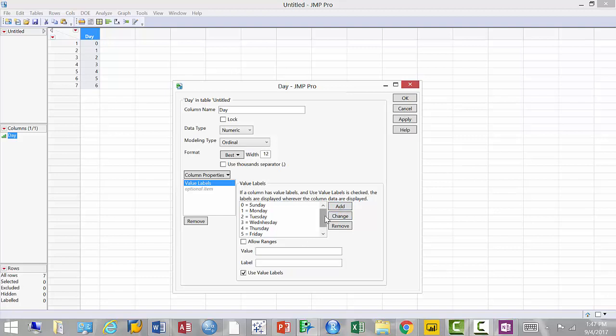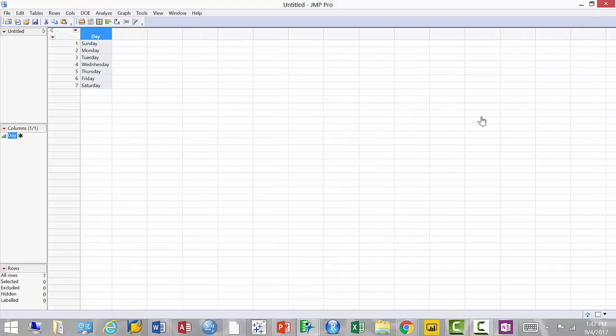So here's my list, right? I have values 0 through 6, and they correspond to the labels Sunday through Saturday, okay? And right there is a checkbox that says use value labels, right? You see that at the bottom, checkbox? Yeah. So now if I click OK, it doesn't show 0 through 6 anymore. It shows the labels, right?